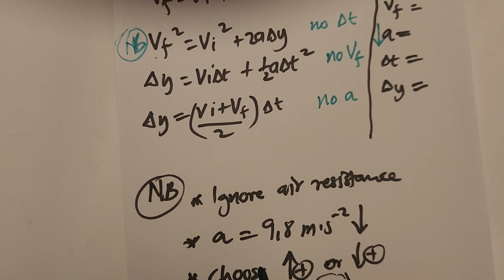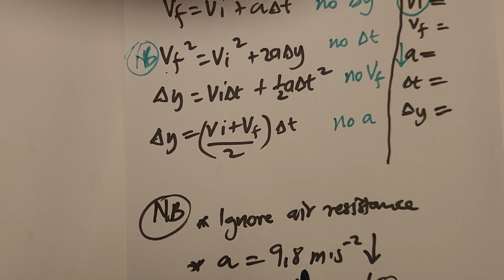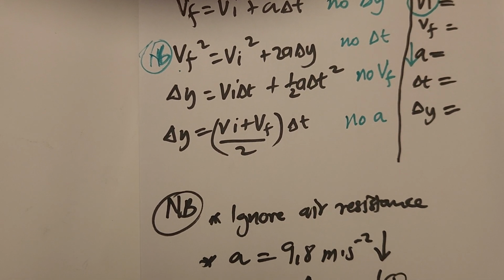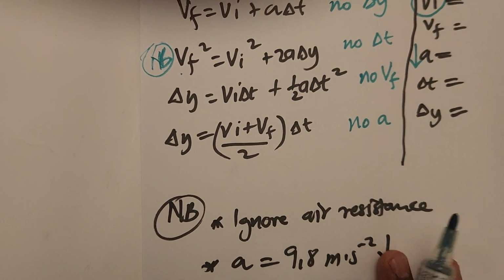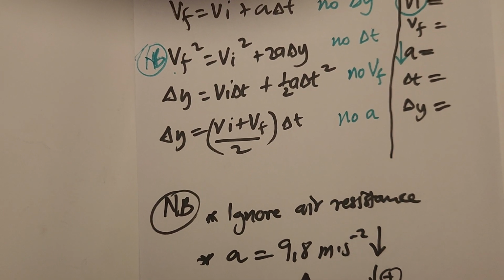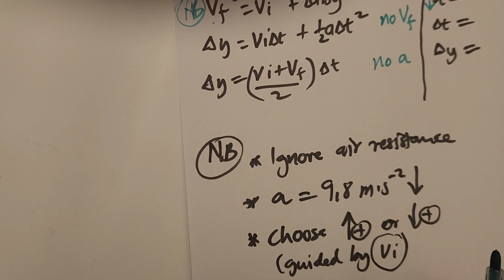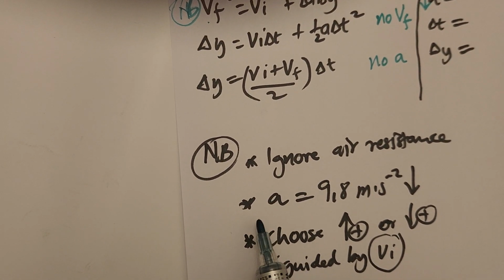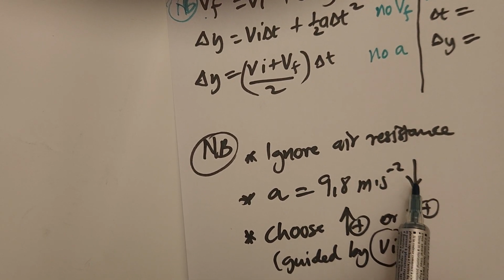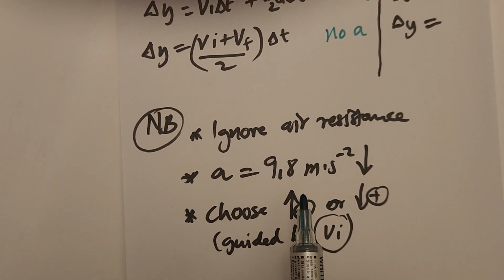Meaning that now if it's the motion of an object, and that object becomes a projectile, that is moving also freely. We've got only 2 definitions in this section. A is always 9.8 meters per second squared downwards at any given point. Please, they'll give you 2 marks for saying this one.